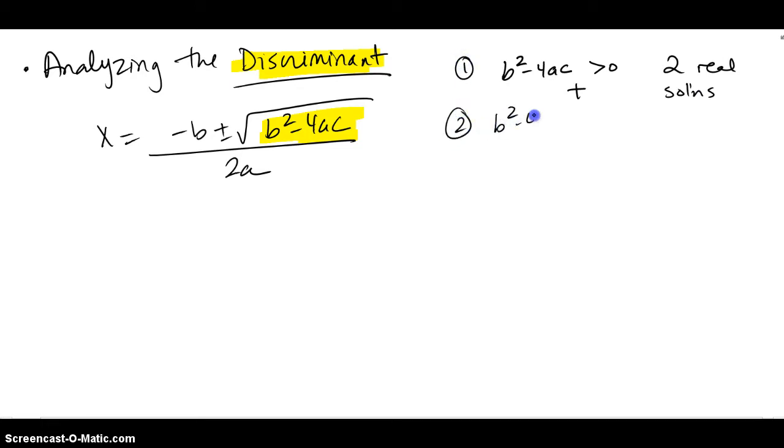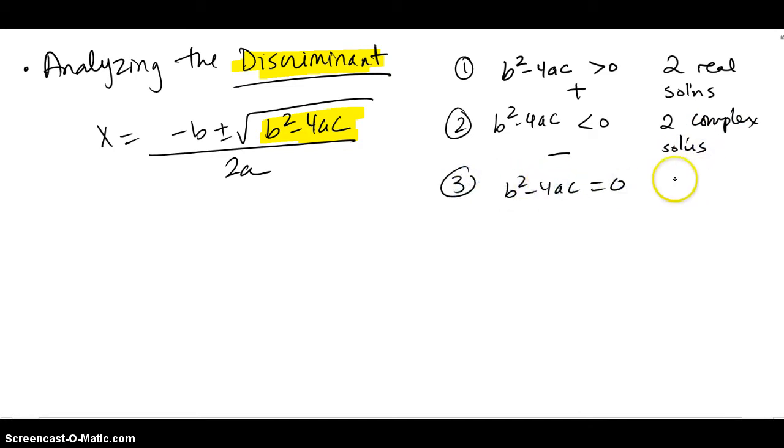If the discriminant is less than 0, in other words negative, I'm going to get two complex solutions out of my quadratic equation. And the last case, if b squared minus 4ac is equal to 0, then I'm going to get one real solution because this piece completely disappears and I have negative b over 2a, which would be the vertex of the parabola, being my only solution, and if I'm thinking of it graphically, also that one x-intercept only.